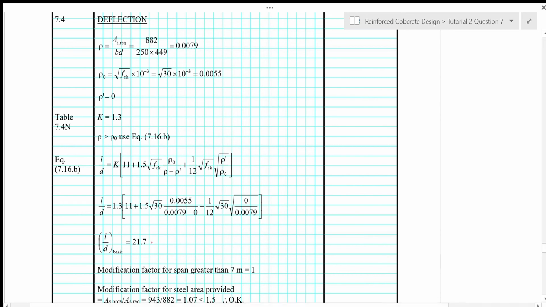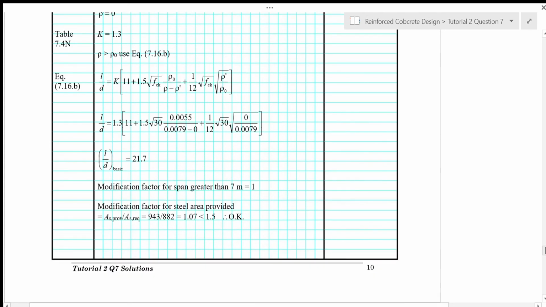So that gives 21.7. And then the span of BC is only 6.5 meters, so it's less than 7 meters, so this coefficient is 1, or the multiplication factor is still 1, or we don't have to consider this at all. And then the multiplication factor for steel area provided is 1.07, is less than 1.5, so it's okay.